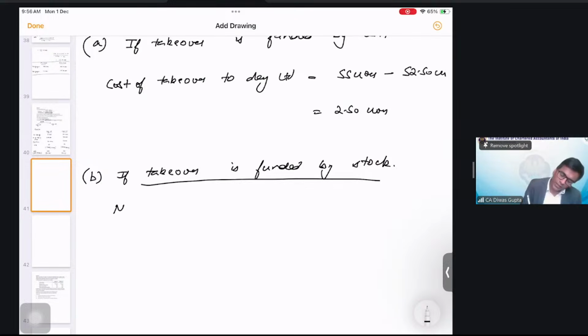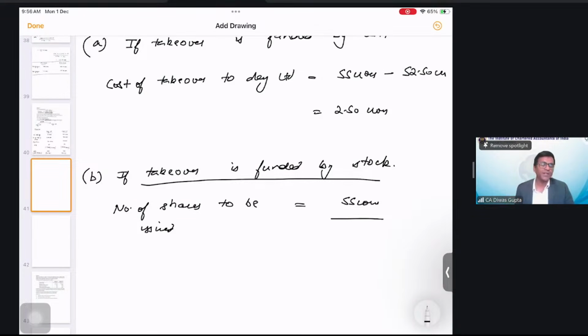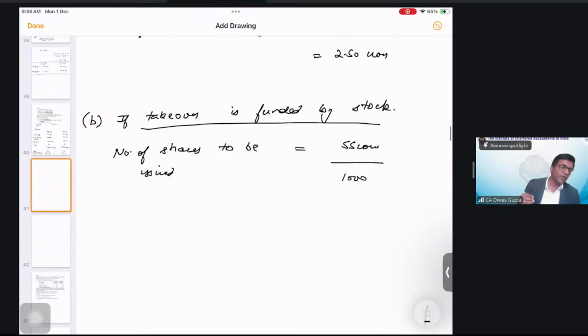So the number of shares to be issued is the 55 crores worth of consideration that we have agreed and the 1000 rupees of the market price per share of Day Limited. Right? So this becomes 5.5 lakhs.